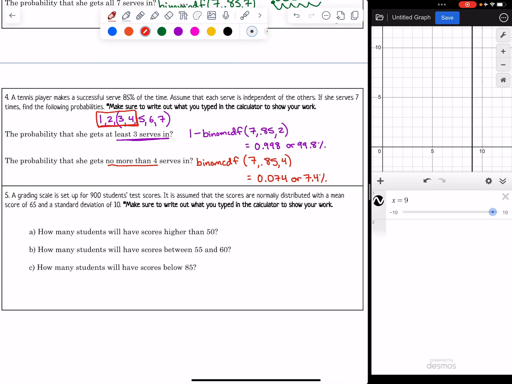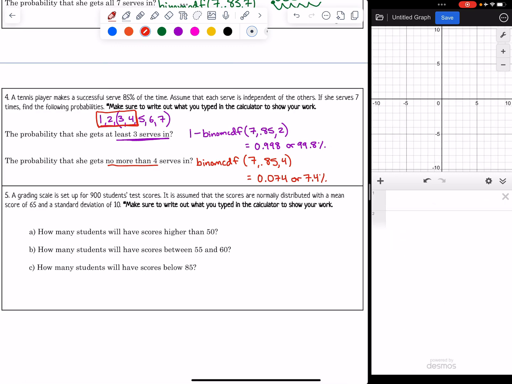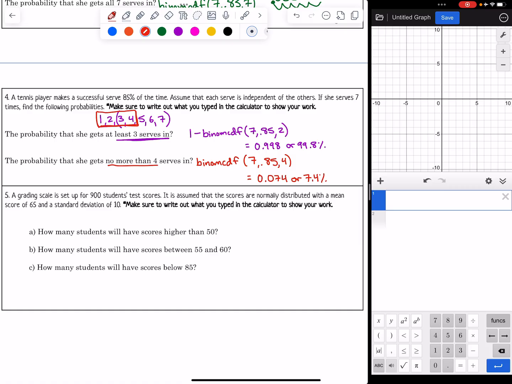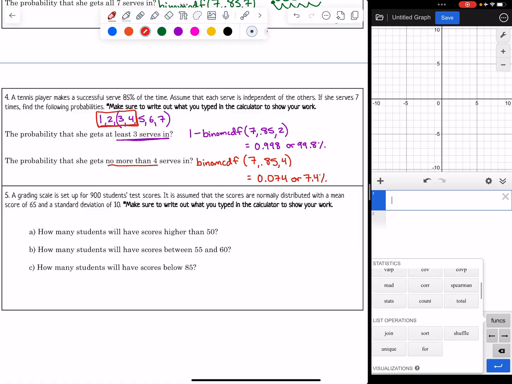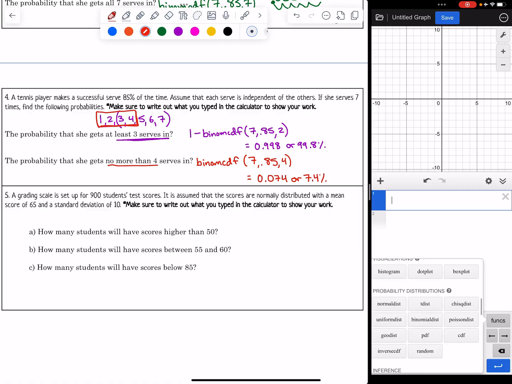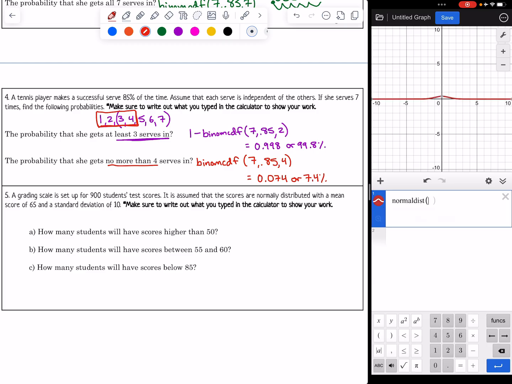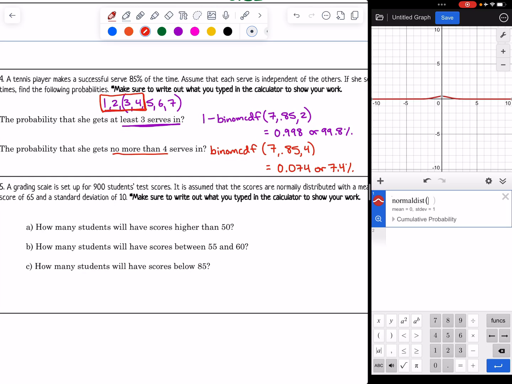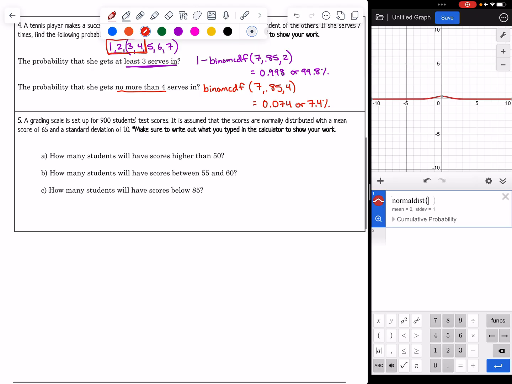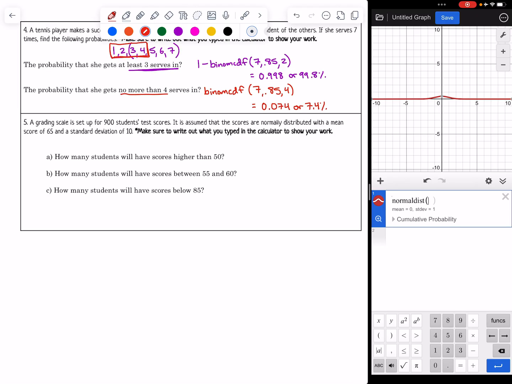So what we do first is go to Desmos, and we go to the functions menu and go down to distributions, probability distributions, and then you find the normal dist option. So for part A, I type in the 65 as my mean, comma, and then my standard deviation of 10.